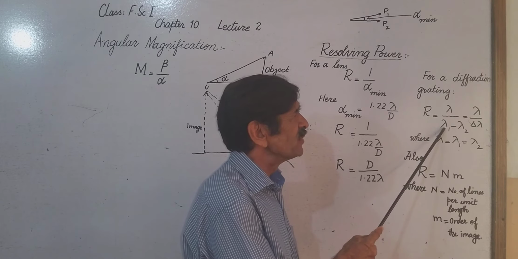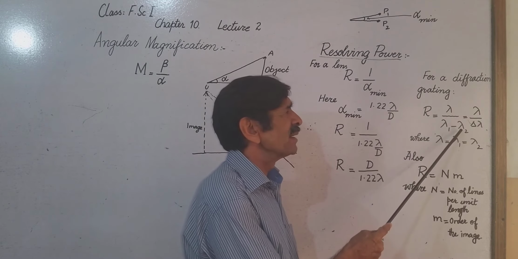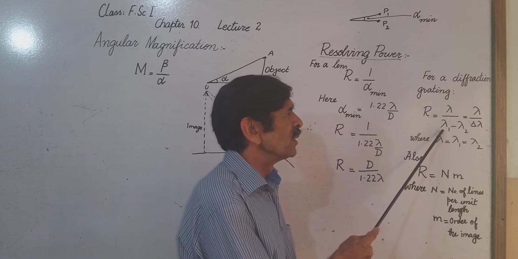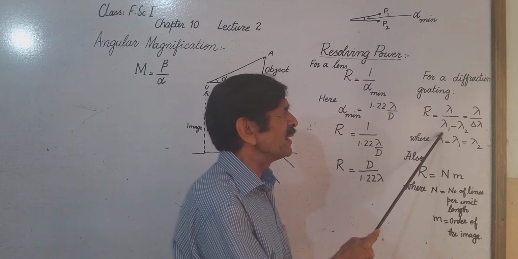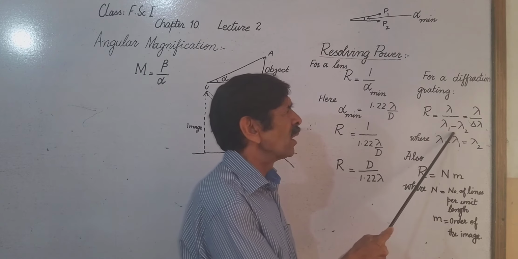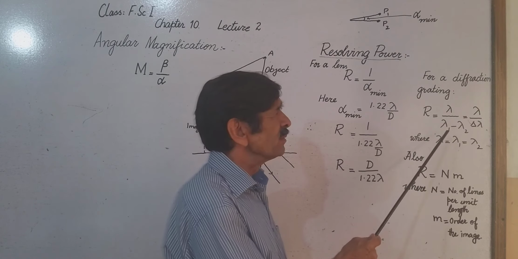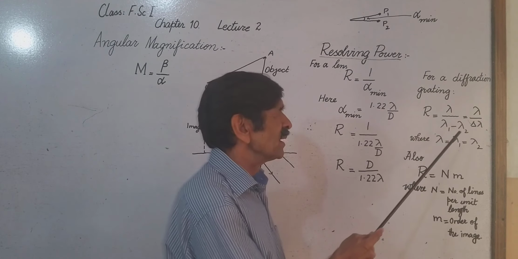One wavelength is denoted by lambda 1 and the other by lambda 2.